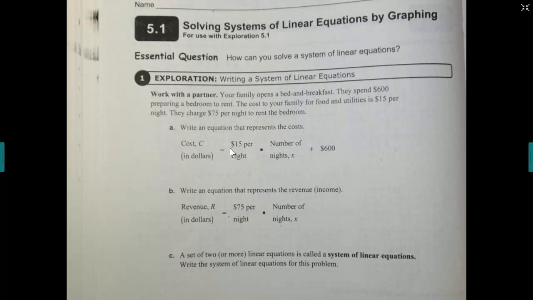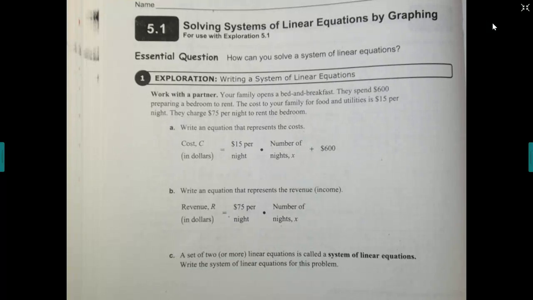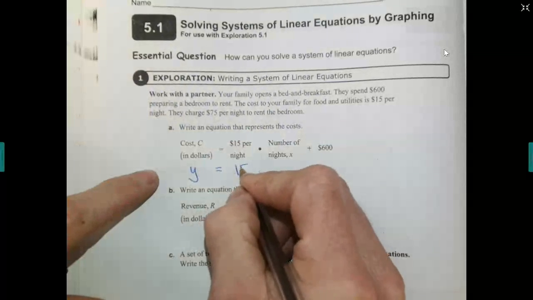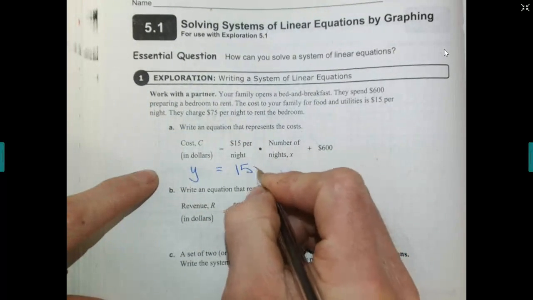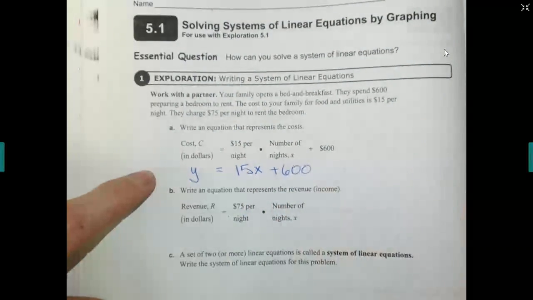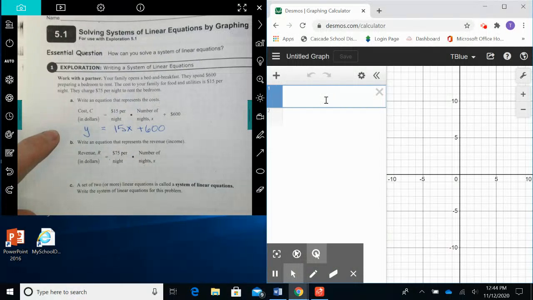Cost in dollars equals $15 per night times the nights plus $600. So that's the initial cost to start this up. So our cost equals 15 times the nights plus 600. There's our first equation, and we're going to plug that equation into Desmos.